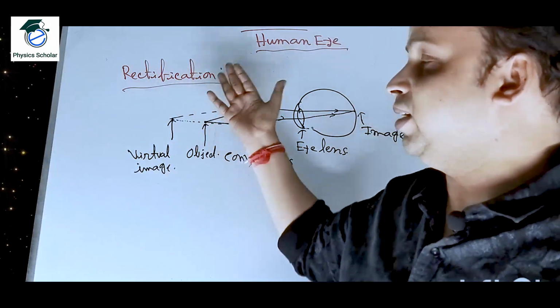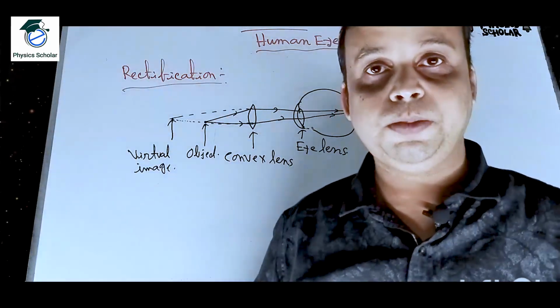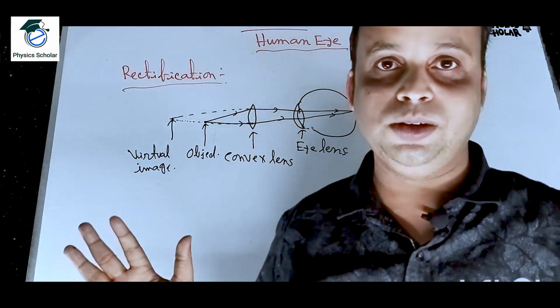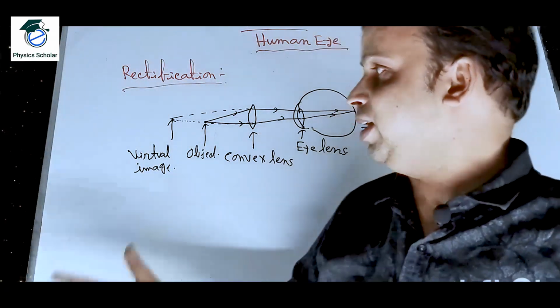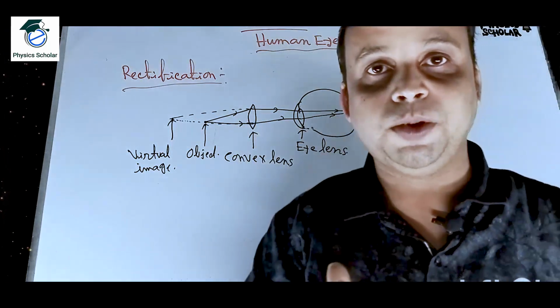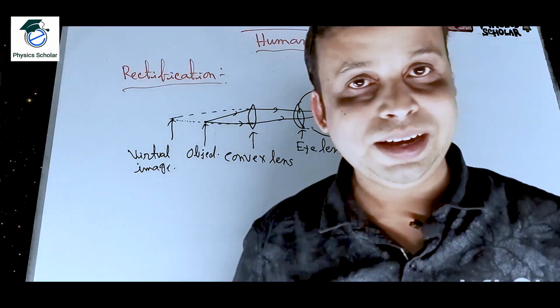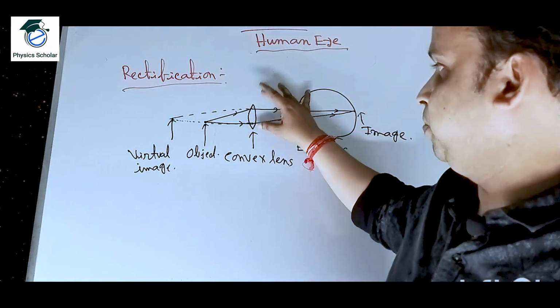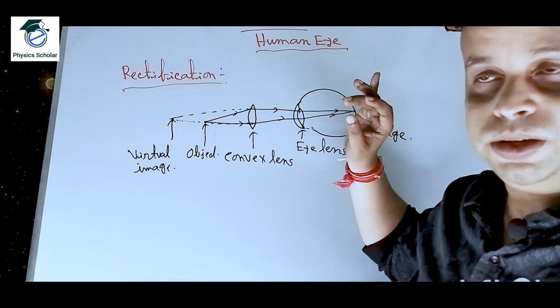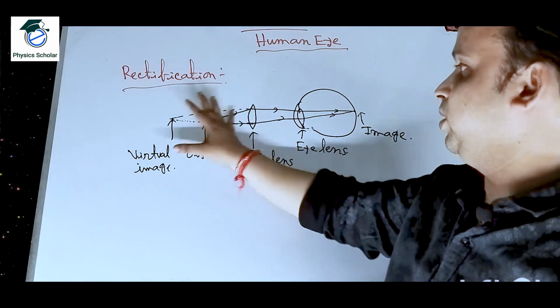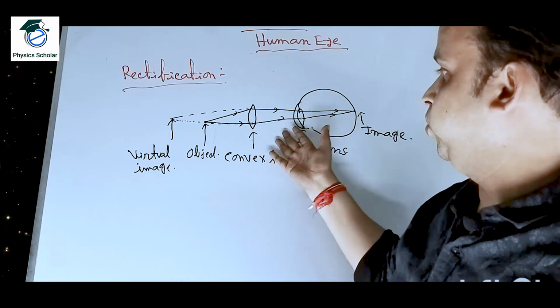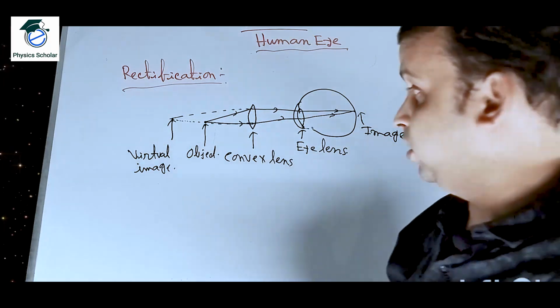As it is long sightedness, the vision for the far object is normal, and in that case if we use this, then the vision for the nearby object will also be normal after wearing the spectacles or the convex lens. So this is the rectification we can do by using the convex lens.